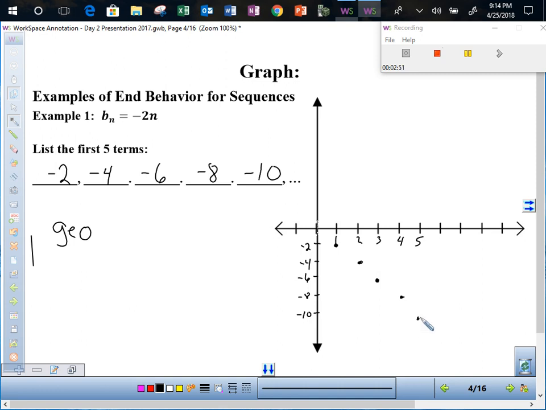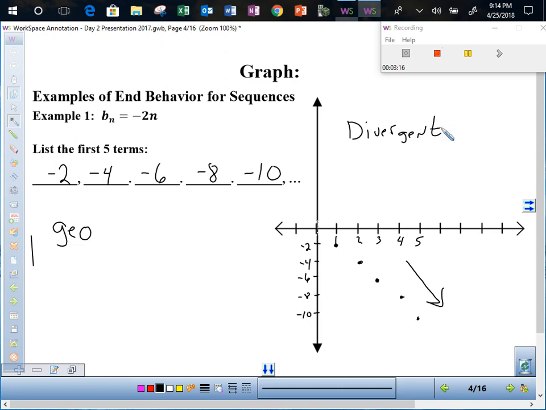Look at what's happening to your y values. As my x values grow, 6, 7, 8, 9, 10, 100, 1,000, my y values are going to continue to decrease. Notice that this is just going to go down forever. This is called a divergent function.